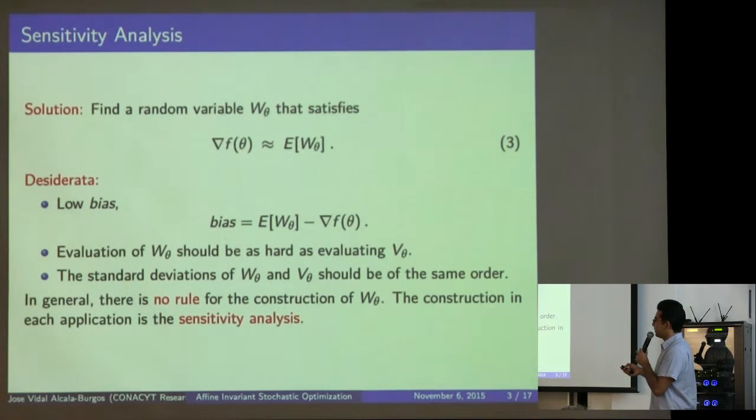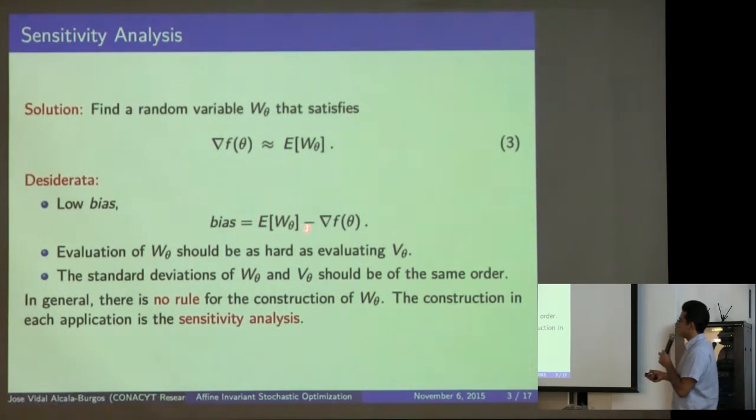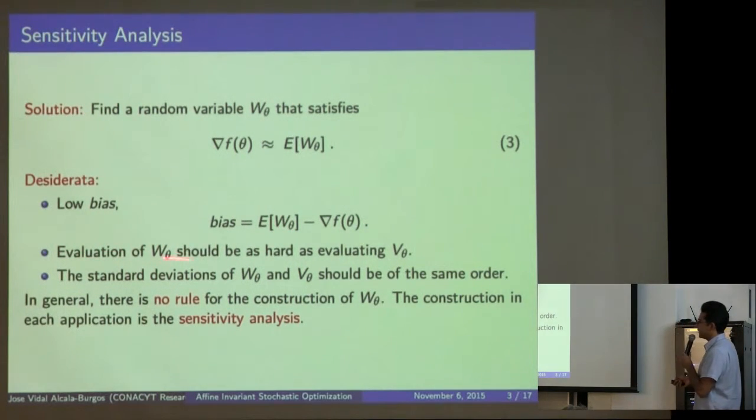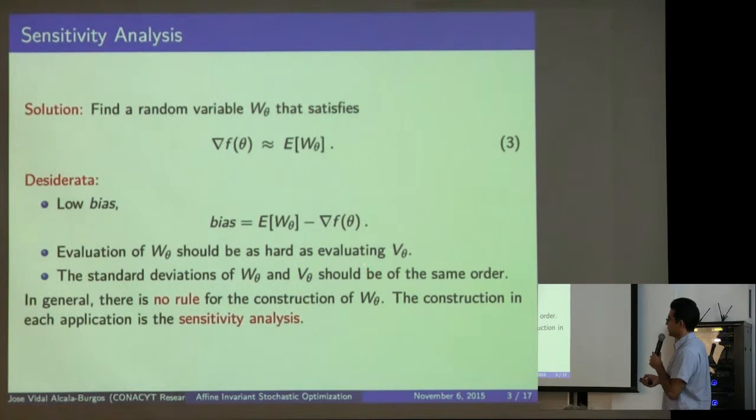Well, for most applications, we want it to have a low bias, so the expected value of our gradient estimate is the actual gradient. And it shouldn't be harder to evaluate the gradient than it was to evaluate our function. We also want the standard deviation to stay about the same.